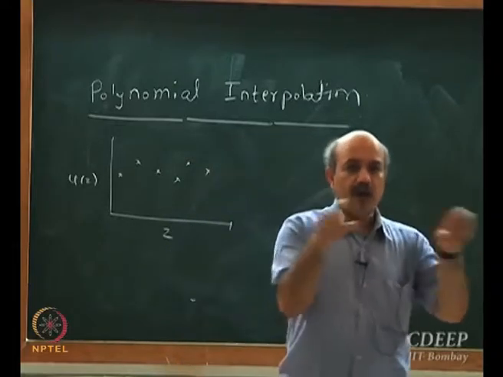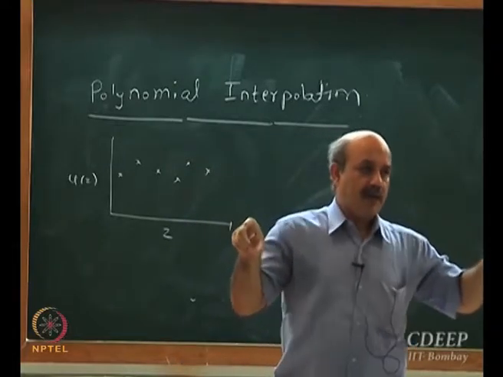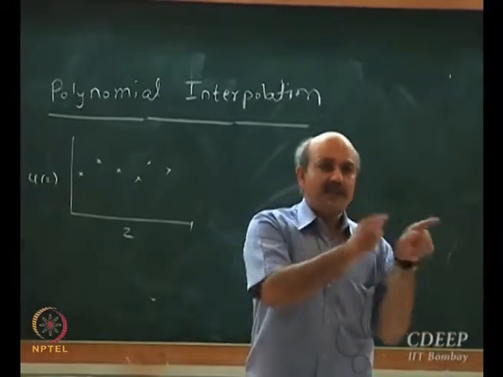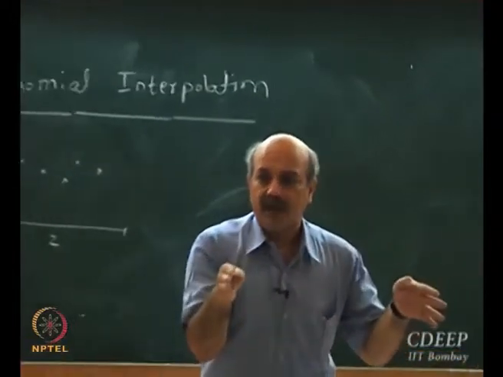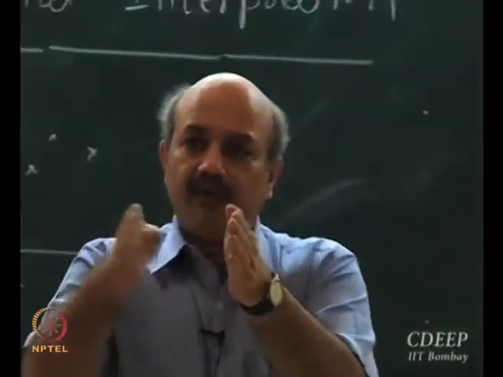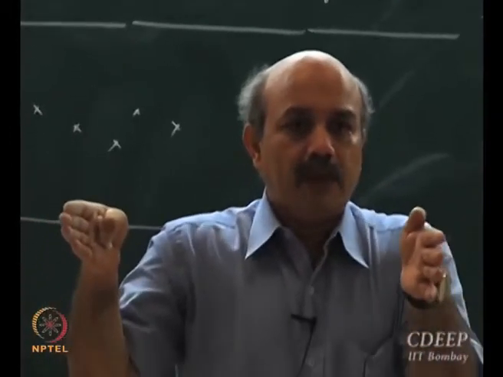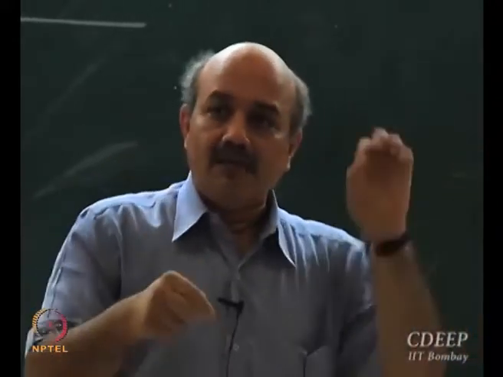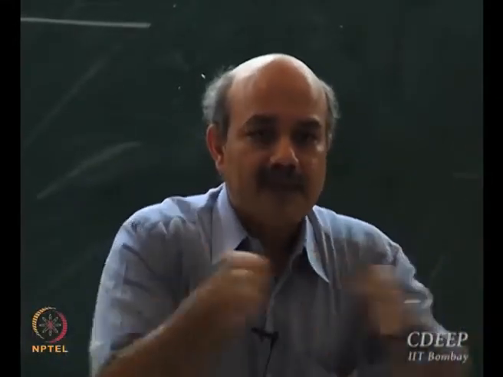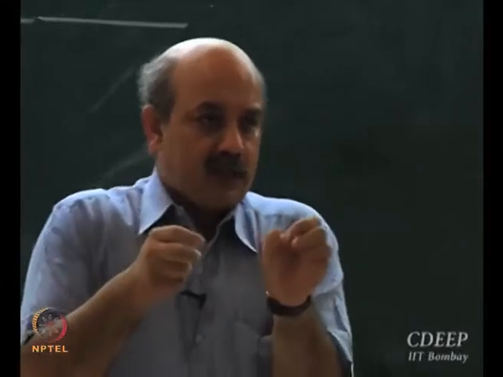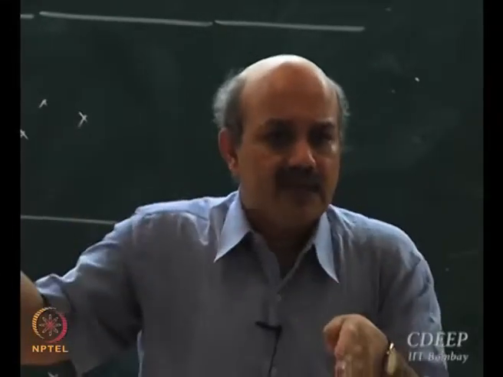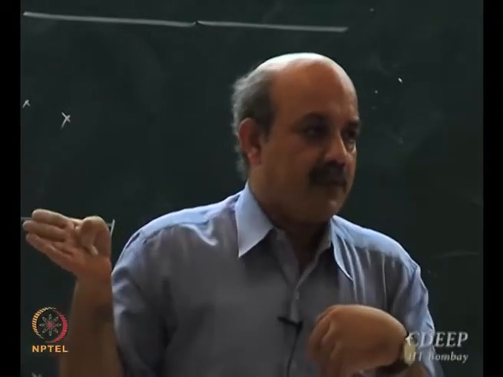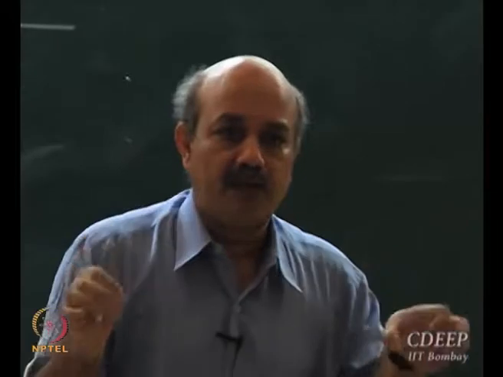For example, if you have a plug flow reactor, a PFR, and most of the action is in the initial part of the PFR and later the concentration becomes steady, it doesn't change too much, it becomes flat, it's worth putting more grid points in the initial part, closer to each other, and then putting sparse grid points later, because there is not much happening at the end of the reactor. So this depends upon your understanding of the problem.